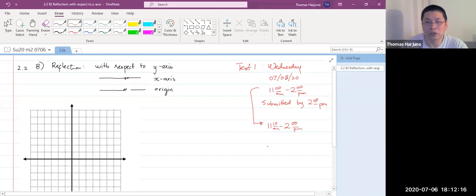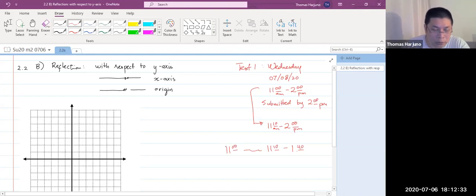But then in my instruction, I assume you will start working from 11:10 to 1:40. That's 2.5 hours.